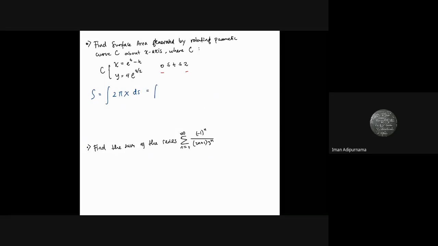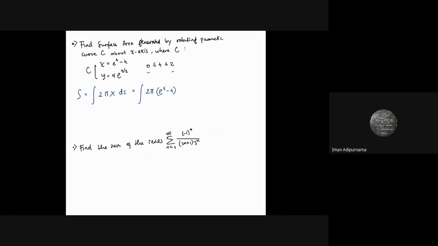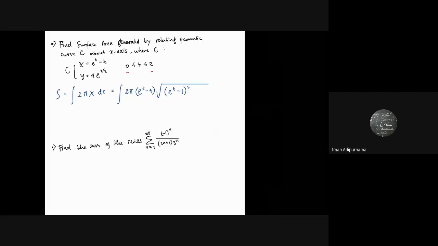You can write this as 2 pi, and then x is e^t minus t, and then ds is the square root of the first derivative squared of x and y. So this becomes e^t minus 1 for x, and for y it becomes 2e^t over 2, and then squared, and dt from 0 to 2.